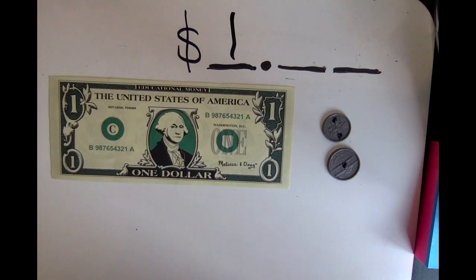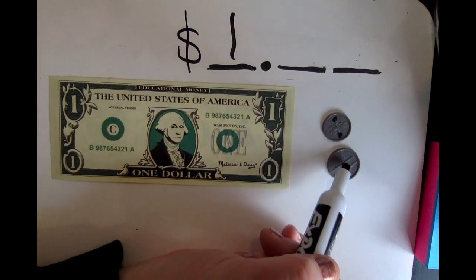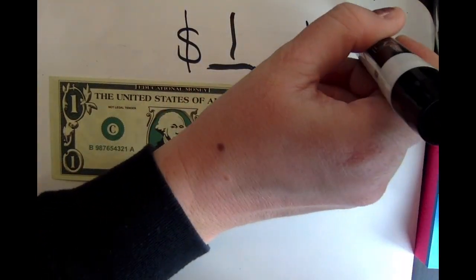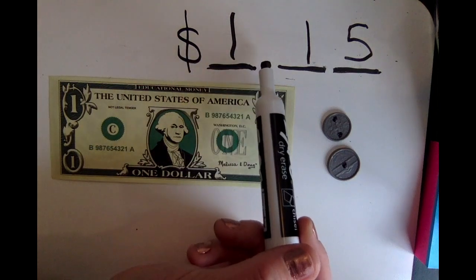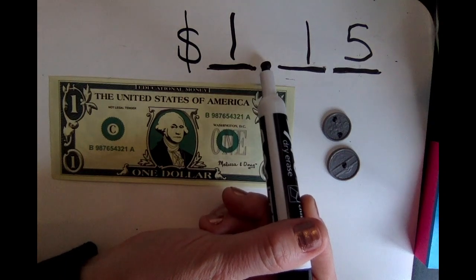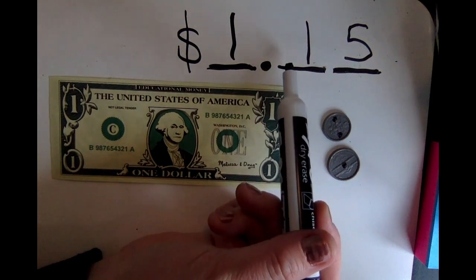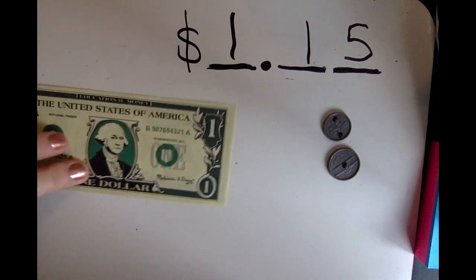Okay, $1. How many cents do we have? Let's count them. 5, 10, 15. So then we would read this as $1.15. Often when you read it, you can kind of think of the decimal as an and. That's where you'd say and. $1.15.